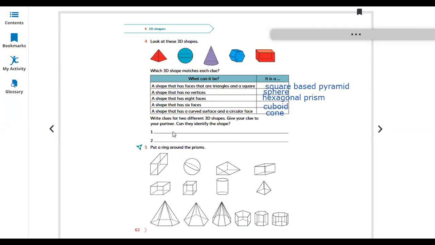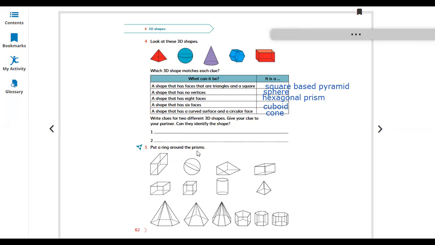So you can write here the name, identify the shape. There are different 3D shapes. You can make a triangular prism, hexagonal prism, star prism, pentagonal prism, star pyramid or pyramid, 3D pyramid, different. So you can make the shape here for other 3D shapes.